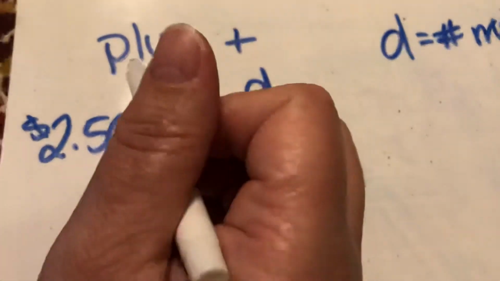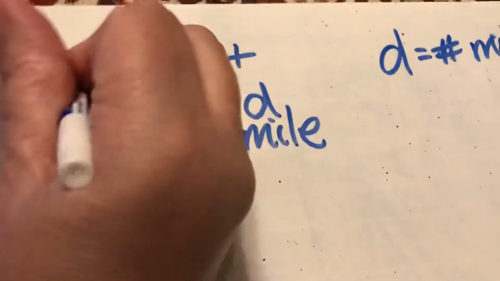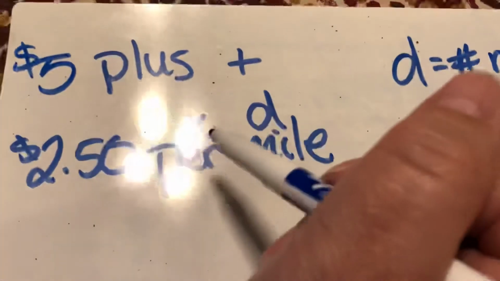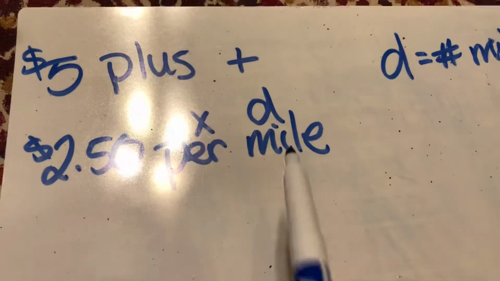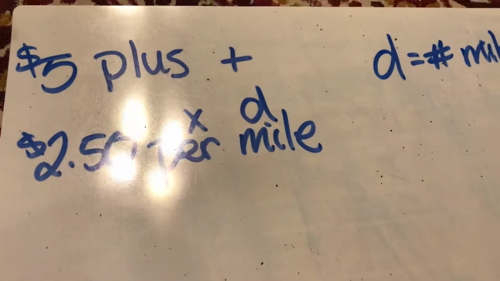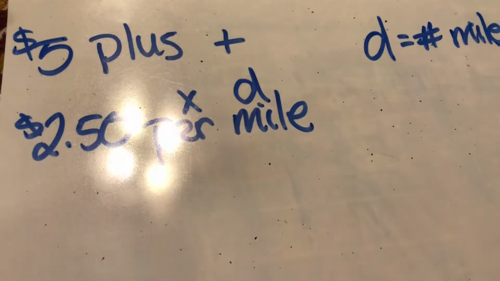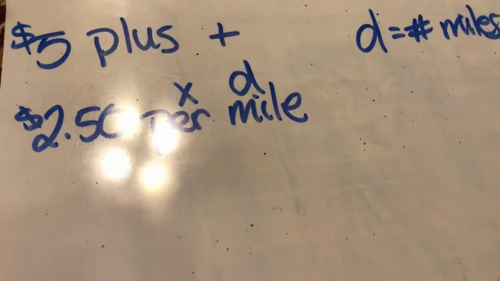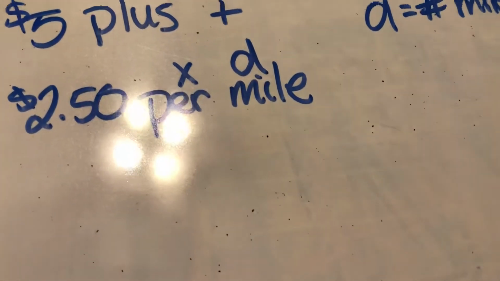Okay, and when we had the plus, it said the ride costs $5 plus the $2.50 per mile. Then the other word is write an inequality to determine the distance in miles that you can ride. So the other part was you have $20 to spend. So can we spend more than $20?